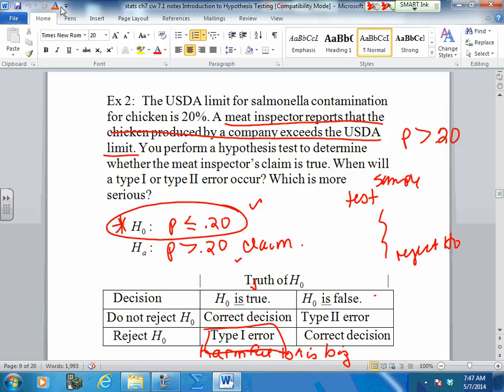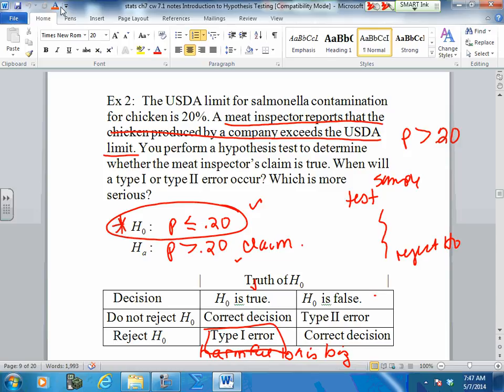So now are you going to buy from his business? He could even get his meat processing closed down. The USDA closed down his meat processing. If you're above the limit for contamination, I have to close you down. You have to go clean everything. You have to figure out how to get rid of your salmonella. It could be costly for his business, right?